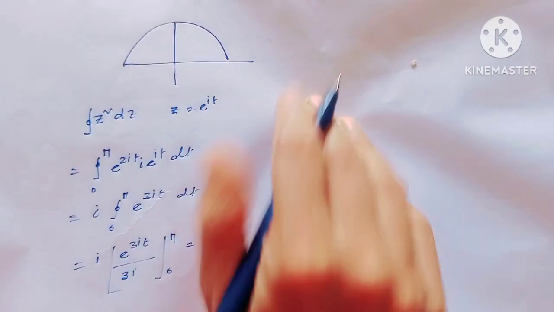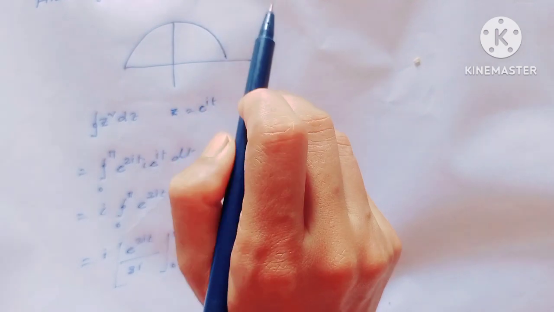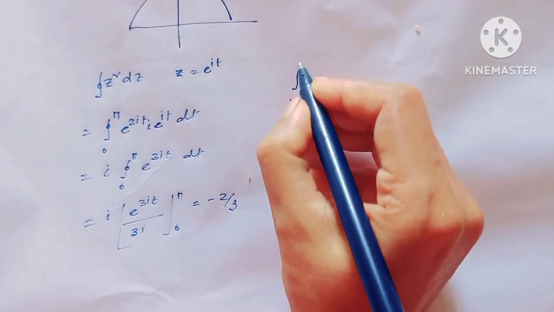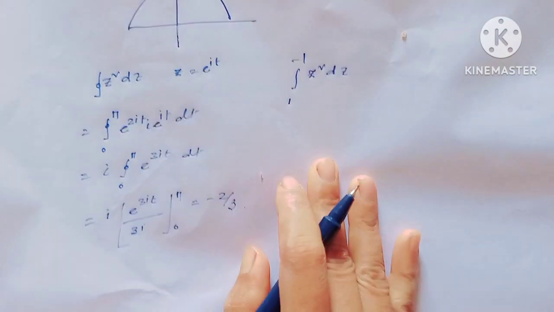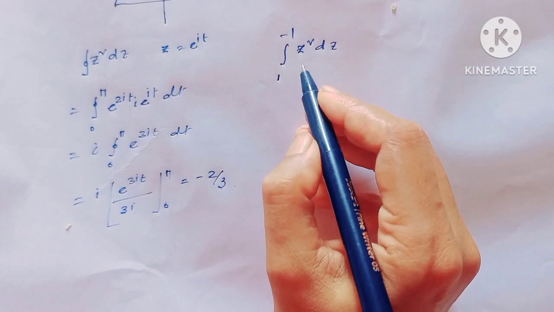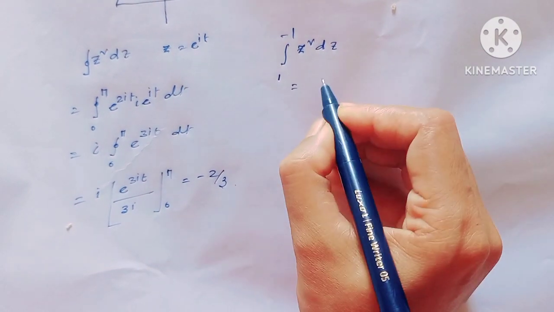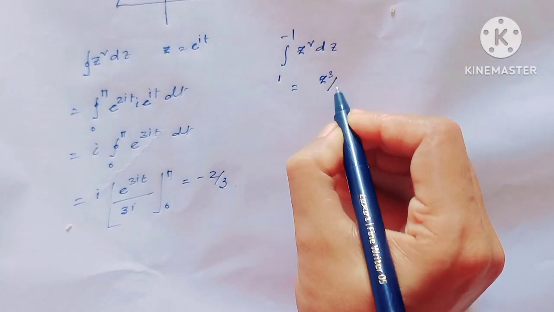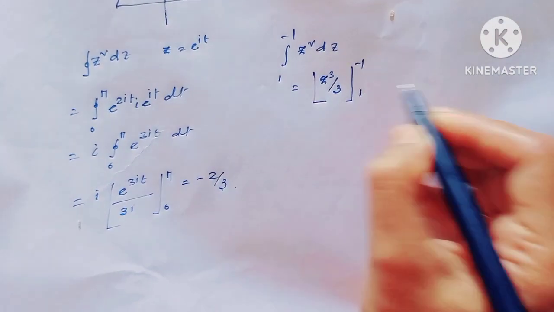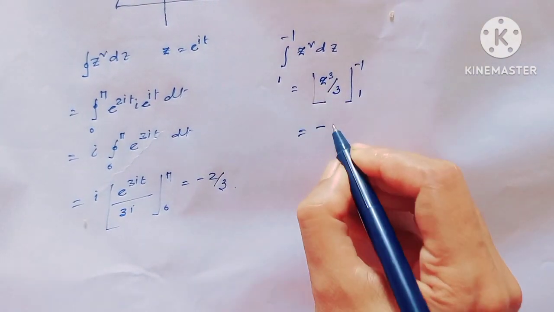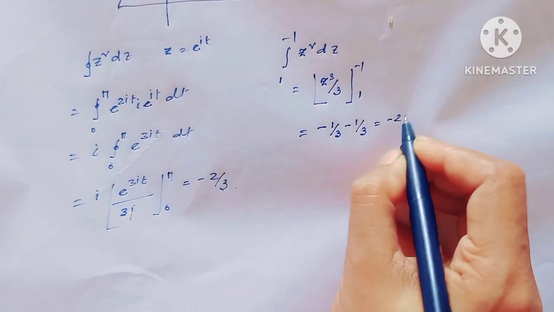For the integration from 1 to minus 1 of z square dz, the antiderivative of the function f(z) equal to z square is obviously z cube over 3, evaluated from 1 to minus 1. This value would be minus 1 over 3 minus 1 over 3, which is minus 2 over 3.